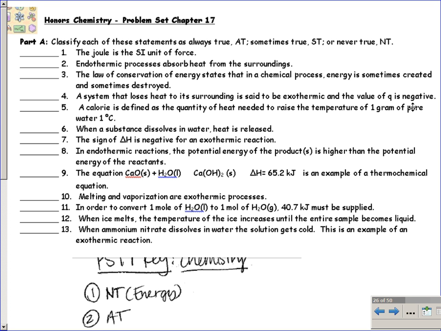5 and 8. Okay. Calories defined as the quantity of heat to raise the temperature of 1 gram of water by 1 degree Celsius. So yes, that is true, because in terms of the specific heat capacity of liquid water, what is it? 4.18 joules per gram degree Celsius.